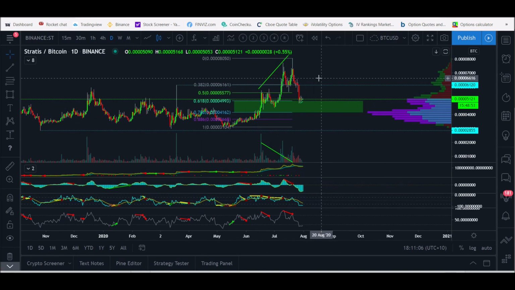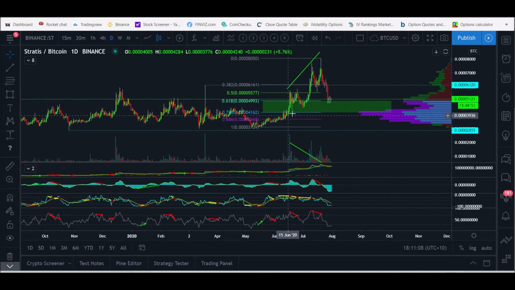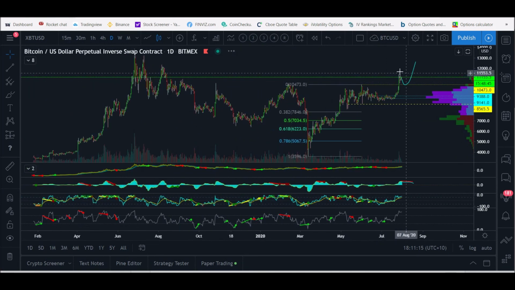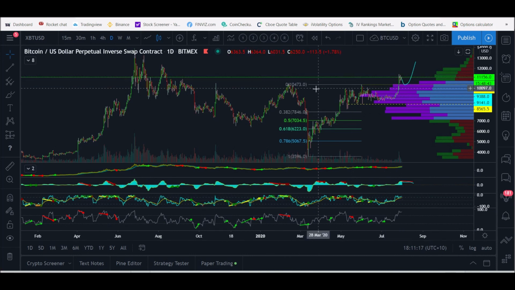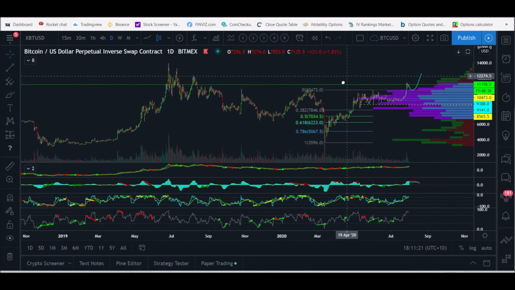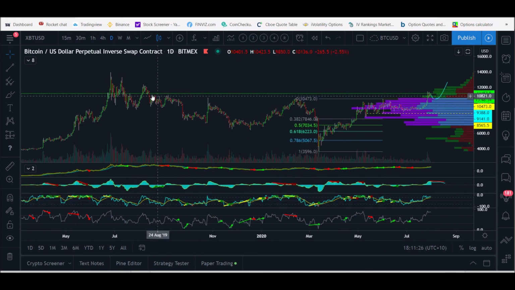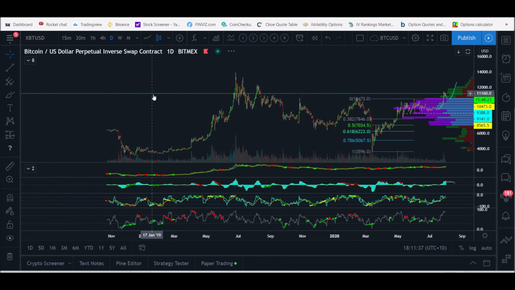But be very mindful that we are in very dangerous territory here with Bitcoin. Technically, we are in no man's land, because we have broken these highs, and this could potentially run. We could run up to this high here, which is 12.1, or we could potentially run up to this high, which is 13.7, 14,000.